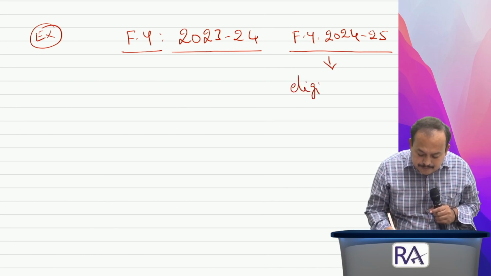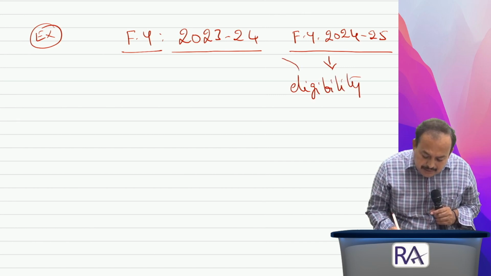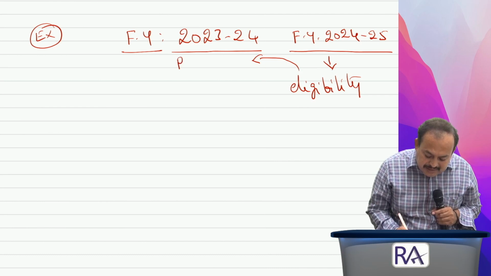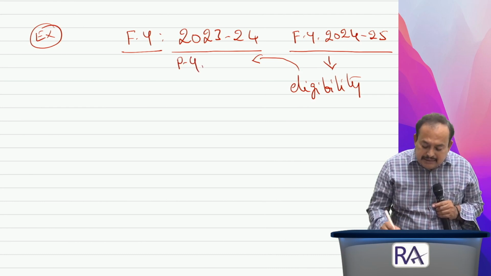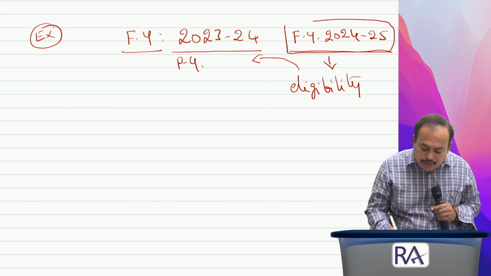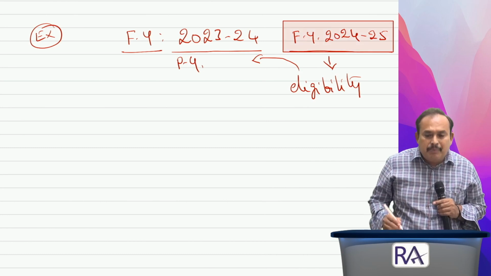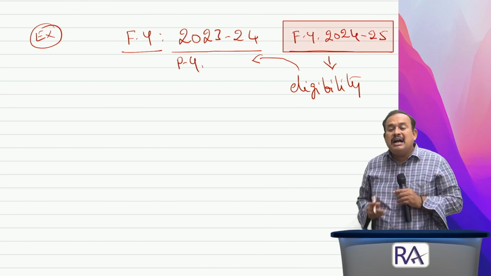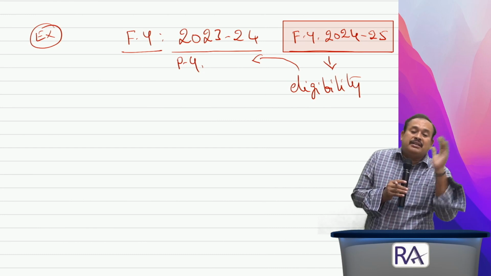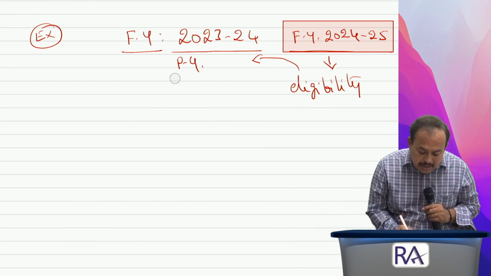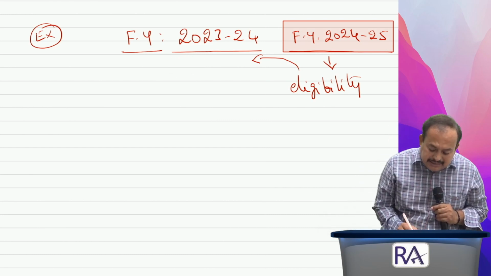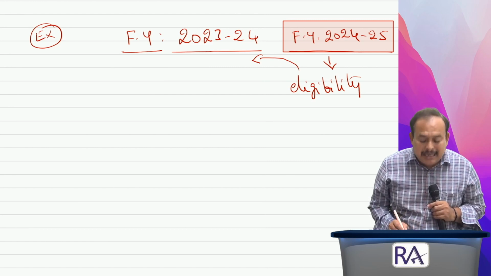Eligibility depends upon the previous year. In this current financial year 24-25, am I eligible for the composition scheme or not? I have to refer to my previous year. My previous year means the preceding financial year. In that case, what was my aggregate turnover?